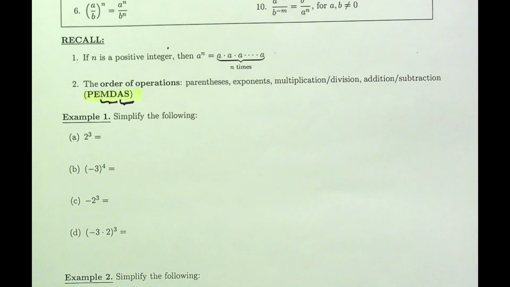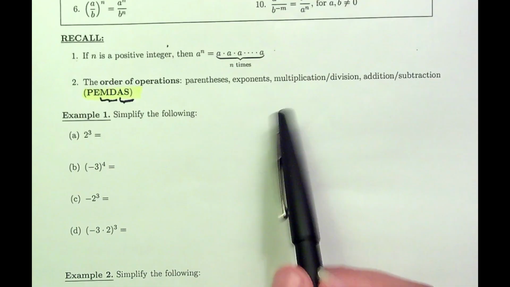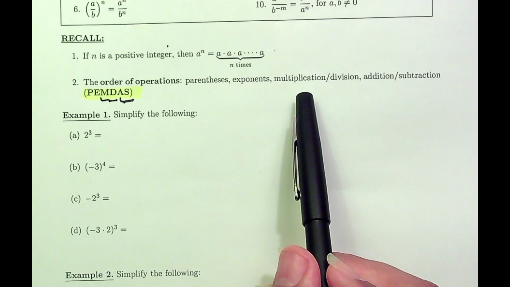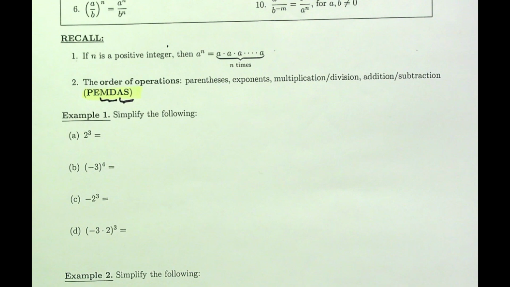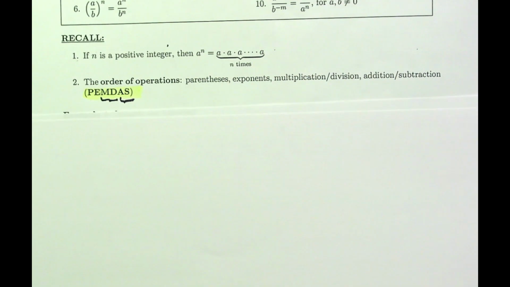So if they have the same priority, then you do them in the order in which they appear. That means if I have something that has multiplication and division, but the division appears first, then you're supposed to do the division first and then the multiplication, because multiplication and division have the same priority, so you do them in the order in which they appear.